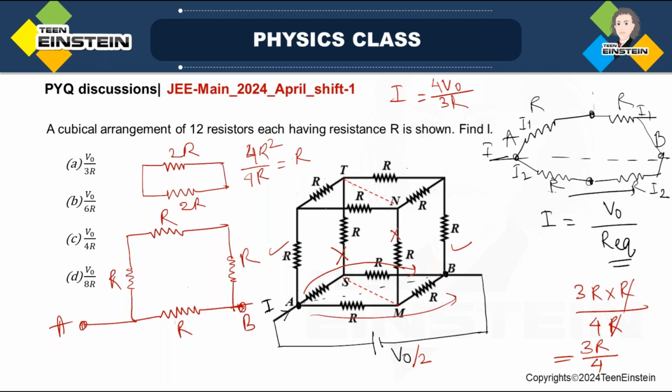I have to just see this voltage. So what was this? Yeah, this is actually V0.